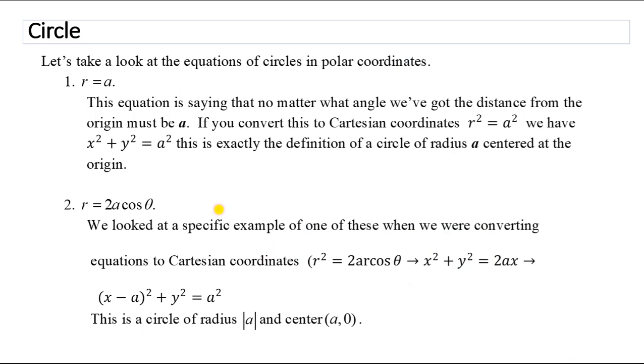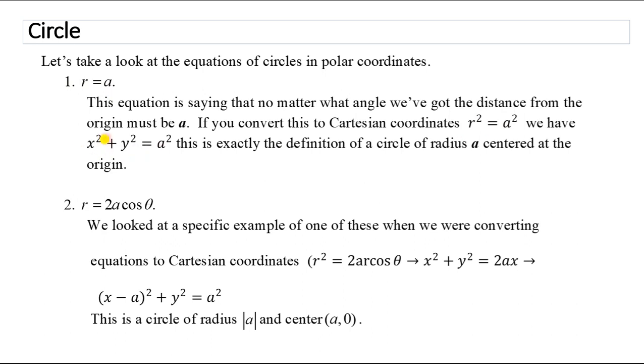I want to draw a circle. There are some equations of a circle. Number 1, r equals a, the equation of a circle. If I convert this from polar to Cartesian, r squared equals a squared, and I know that r squared equals x squared plus y squared, which equals a squared.